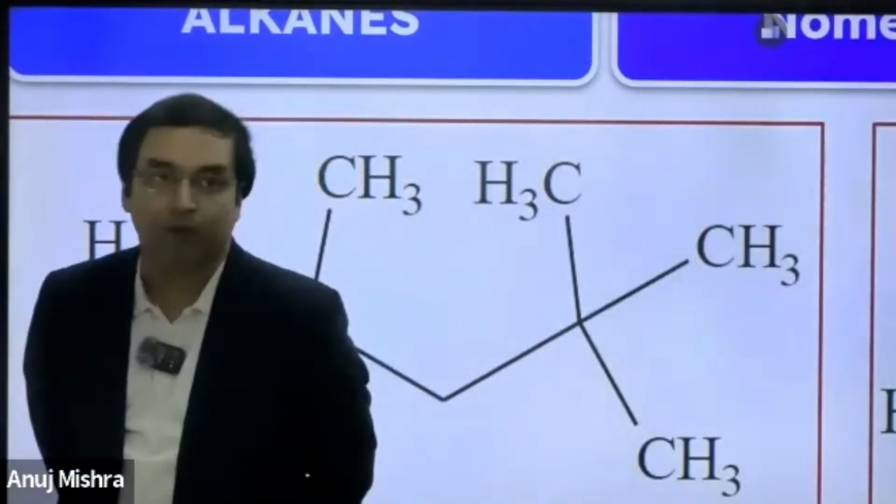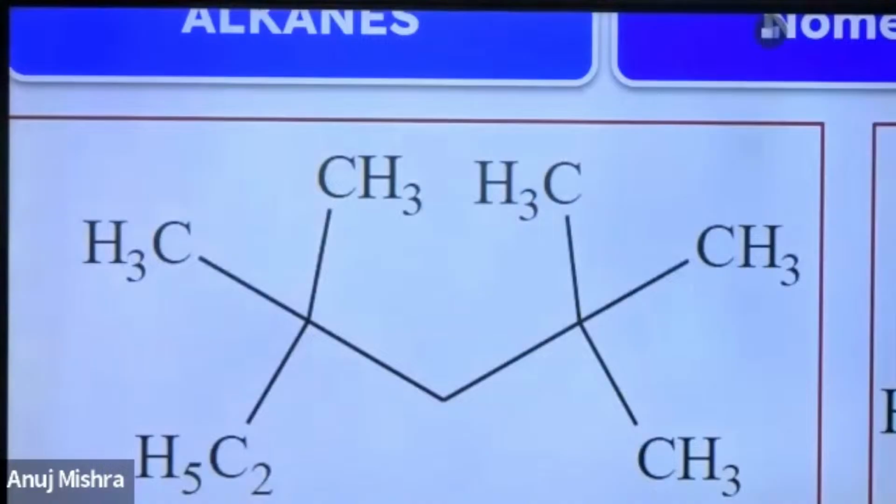Draw the compound, write the IUPAC name of this compound in your notebook. Done?